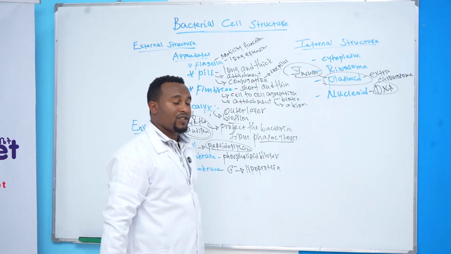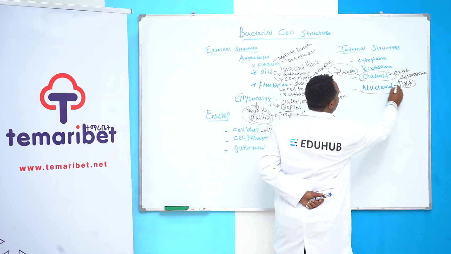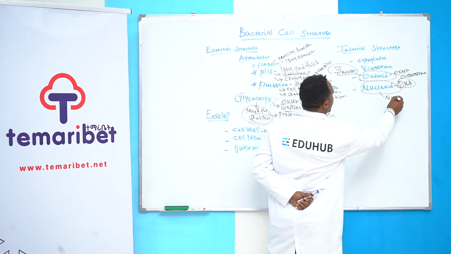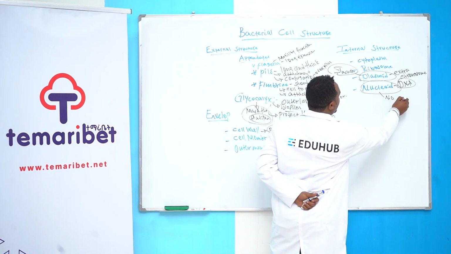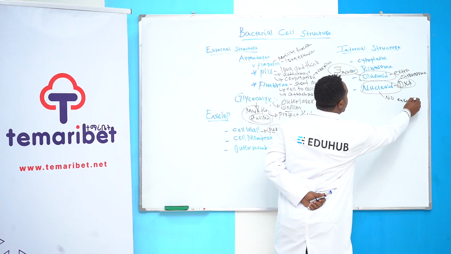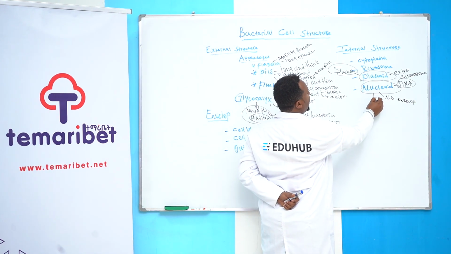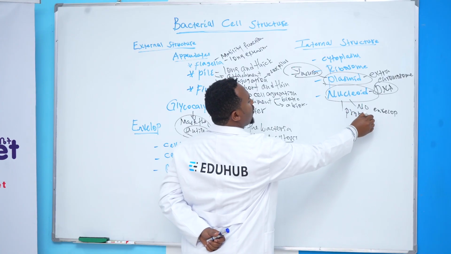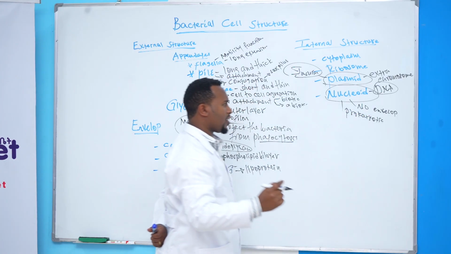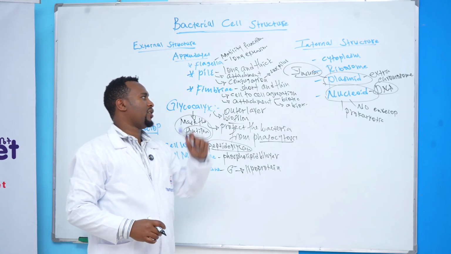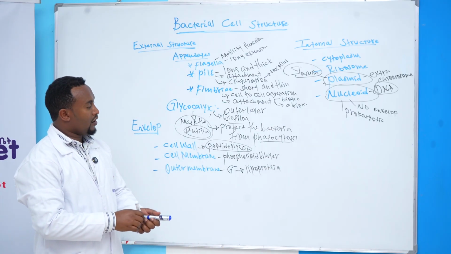The bacterial nucleoid is not enclosed by an outer membrane or envelope. This is because the bacteria are prokaryotic. For this reason, they have no true nucleus. They simply have genetic material in the center of the cell. We call this genetic material the nucleic acid.